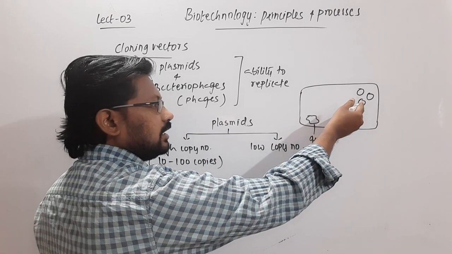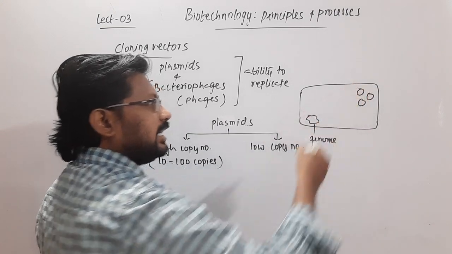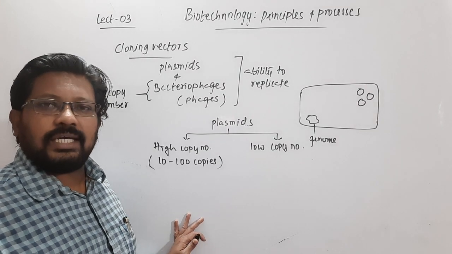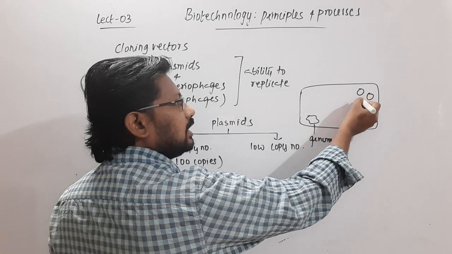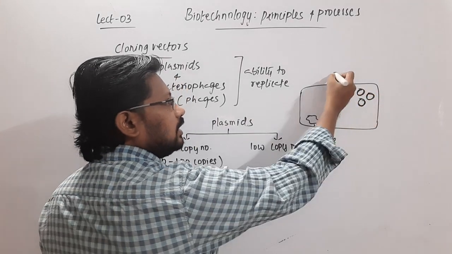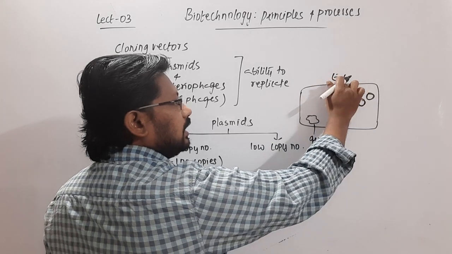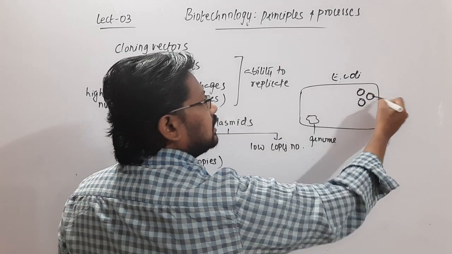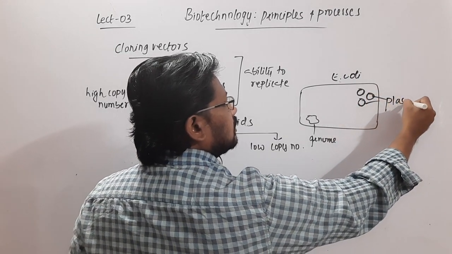It is independent and has its own functions. It has its own origin of replication, so it will be able to replicate by itself, independent of the bacterial genome. Say suppose here I have taken the E. coli cells, and these are the plasmids.